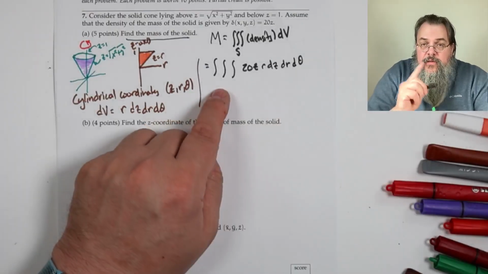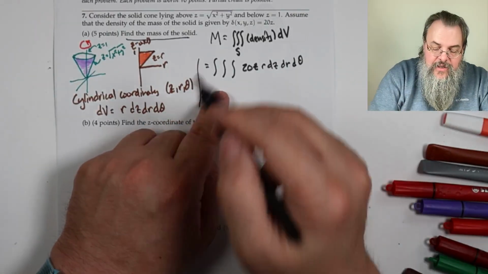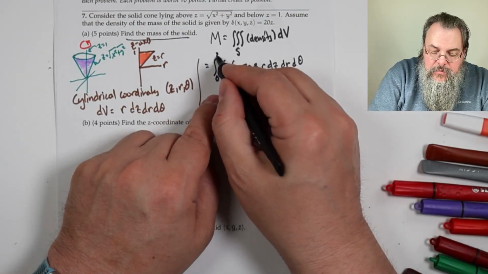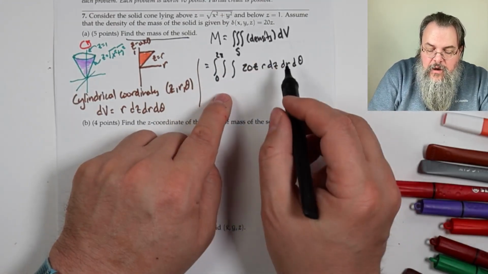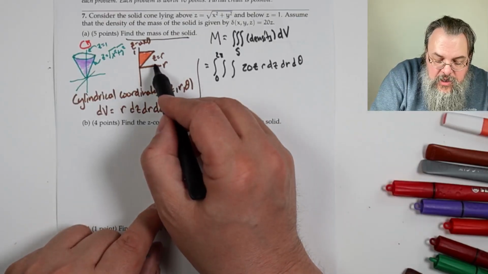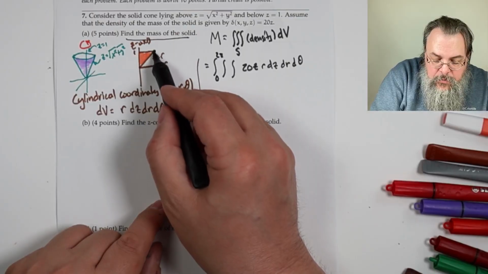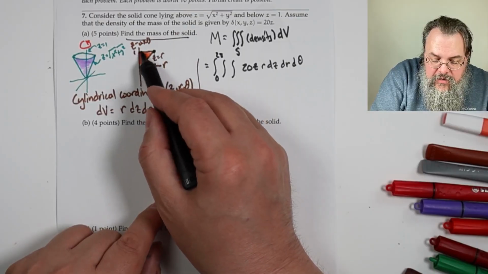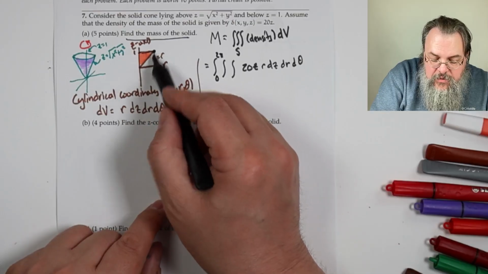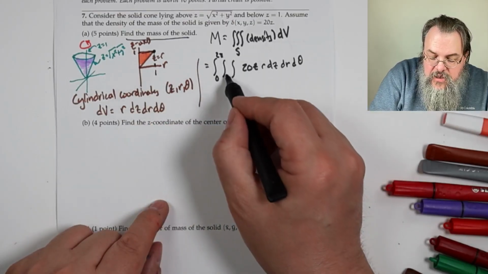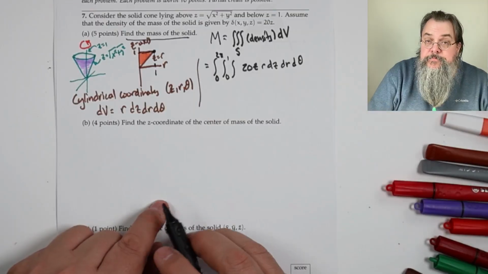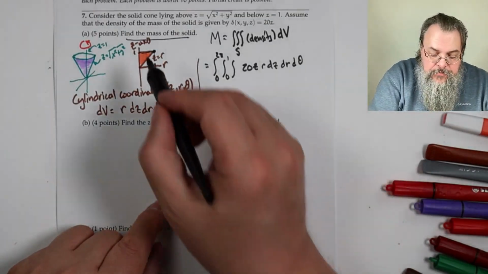Theta, because it's rotationally symmetric, is going to be 0 to 2 pi, all the way around. R, well, if we look here, we have this point. We know it hits at z equals 1 and z equals r, so r goes 0 to 1. How about z?